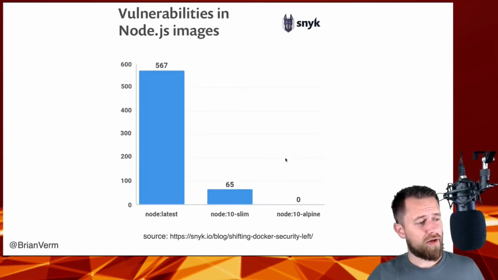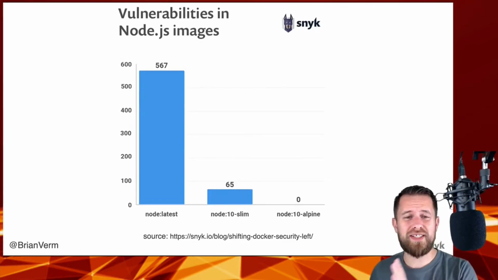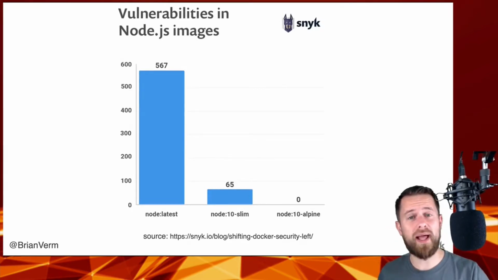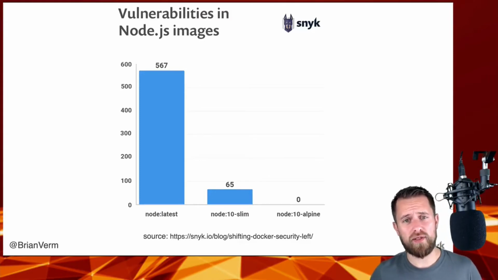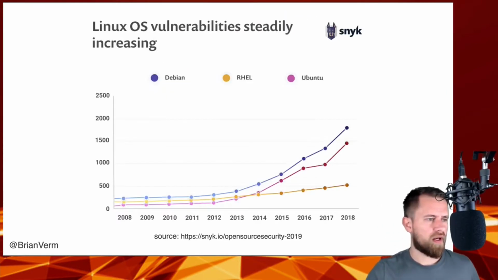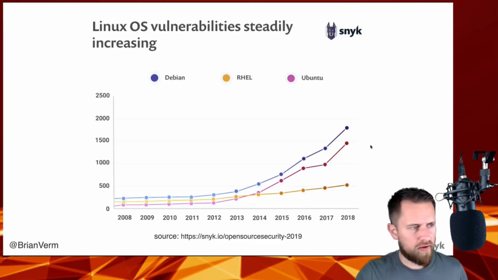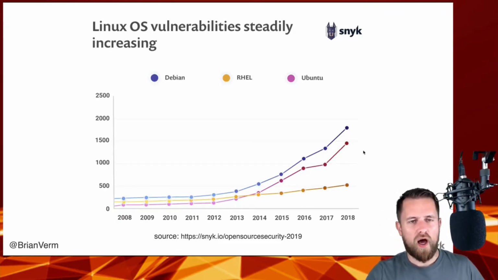Typically looking at the node image, you will see that if you take a specific tag, like the Slim or the Alpine tag, you will reduce the security vulnerabilities tremendously.